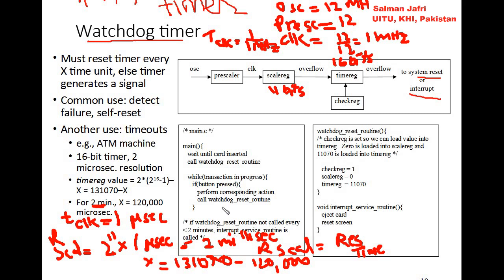So if this is not the case and the watchdog timer is not overflowed, we come over here, which is watchdog_reset_routine, and the check register is set so you can load the value into the time register, right? This check register is set to be 1, scale register is set to be 0, and time register value has been moved to 11070.